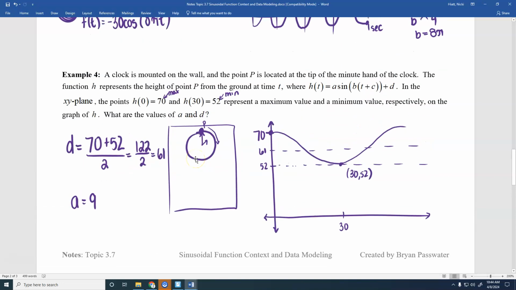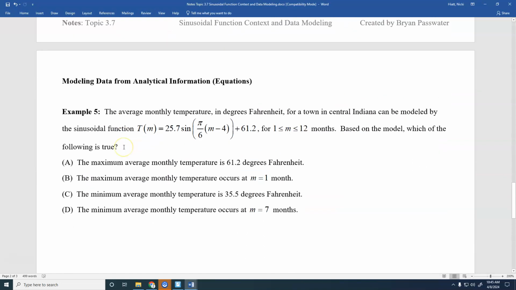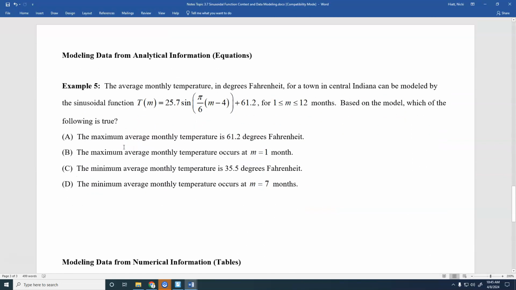What is the period of that graph, though? It's 60. Think about a clock. The period is how long it takes for a full rotation, right? So a clock, if they're talking about the minute hand, it's going to be 60 minutes. If they're talking about the second hand, it's going to be 60 seconds, right? That's how long it takes you to go all the way around. And I did see a question the other day about a broken clock that was going twice as fast as it was supposed to.